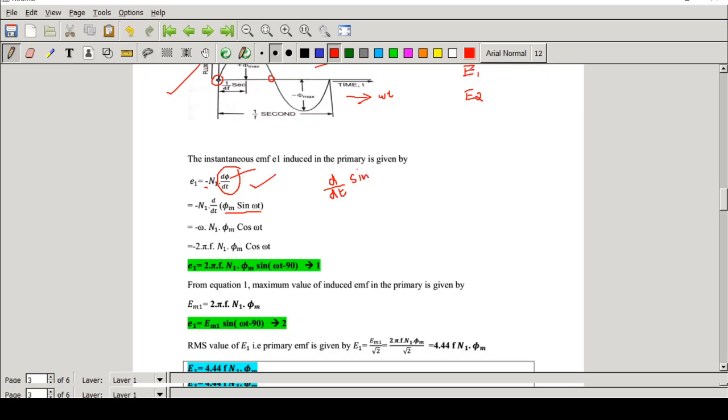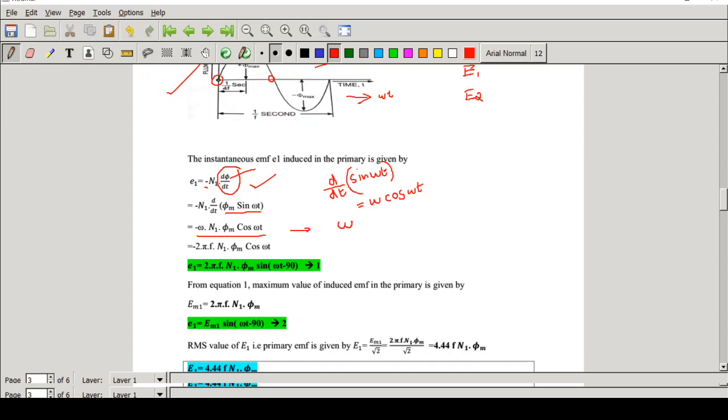So I get the equation E1 equals minus omega into N1 into phi m into cos omega t.